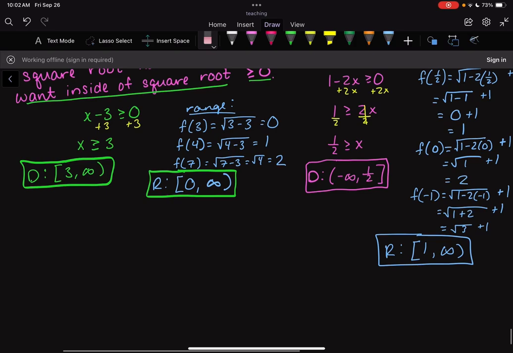Now I actually have 2 more for us for this section. So part E, this one says g of a. For these I'm going to make a point.